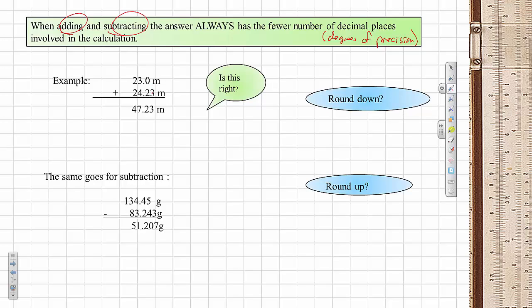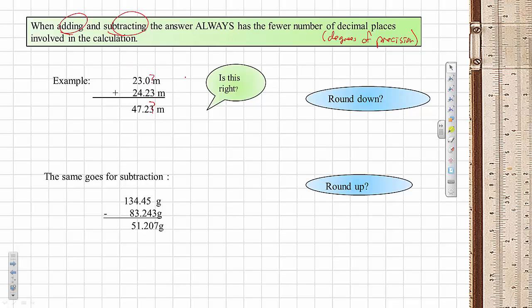You're kind of assuming it is, but you don't know. So we're adding something we don't know to 3. Well, if we don't know what we're adding, the only thing we can say is it's at least 3, but it could be more. We really don't know what this number is.